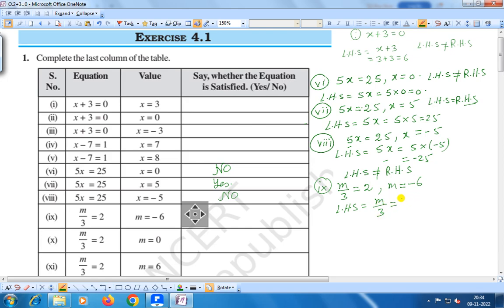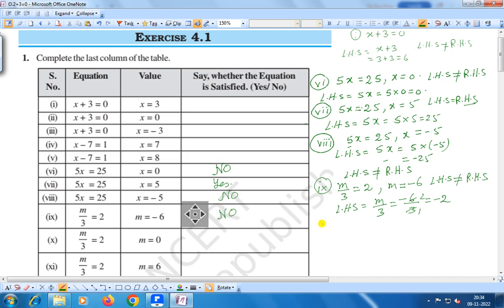The value of m is minus 6, so minus 6 by 3 is equal to minus 2, and right hand side is 2. Therefore, left hand side is not equal to right hand side. It doesn't satisfy the equation, so question number 9 is no.